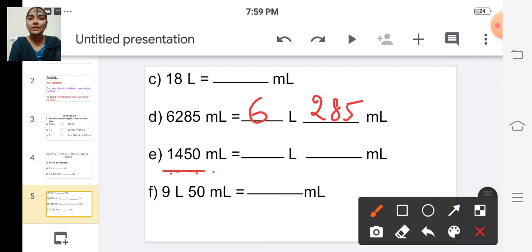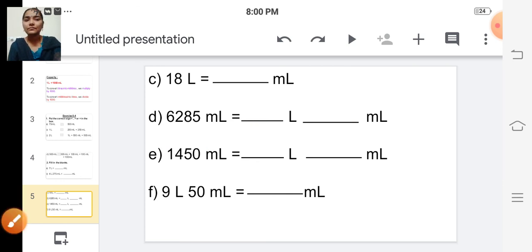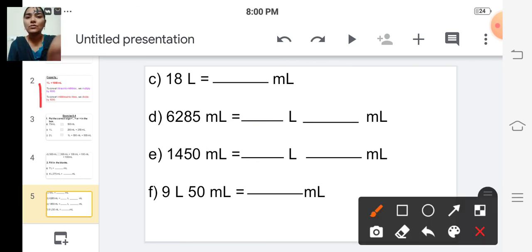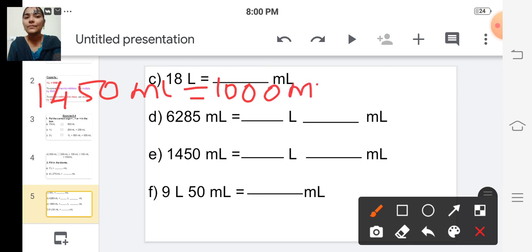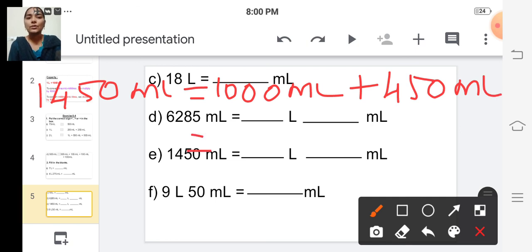So similarly the next problem. 1450 milliliter is equal to dash liter and dash milliliter. So we have to split this 1450 into two parts, right? So 1450 milliliter is equal to 1000 milliliter plus 450 milliliter. So 1000 milliliter has to be converted into liters, right?